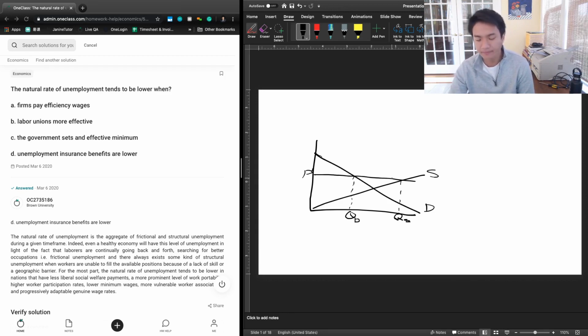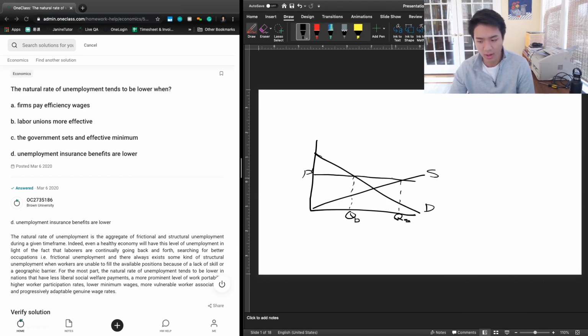And the final reason we talk about in regards to structural unemployment is efficiency wages, where firms are not required to pay more money to their workers. They just want to because higher wages result in more efficient workers, happier workers, less turnover, and higher skilled labor.